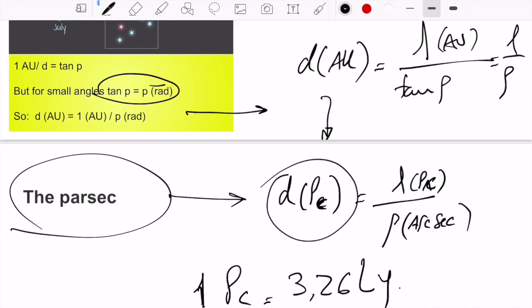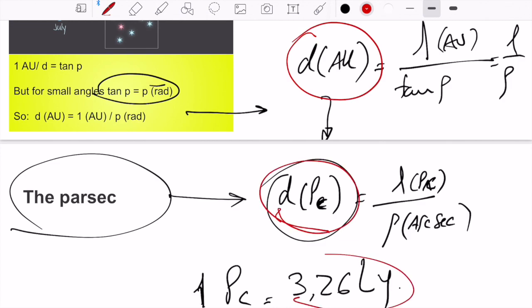So 3.26 light years means 3.26 times that distance that light covers in 1 year. It's a huge distance, right? So we have 3 different units or ways of measuring distances. One is the astronomical unit, another one is the parsec, and the third one is the light year. It should be very easy to move from one to another.